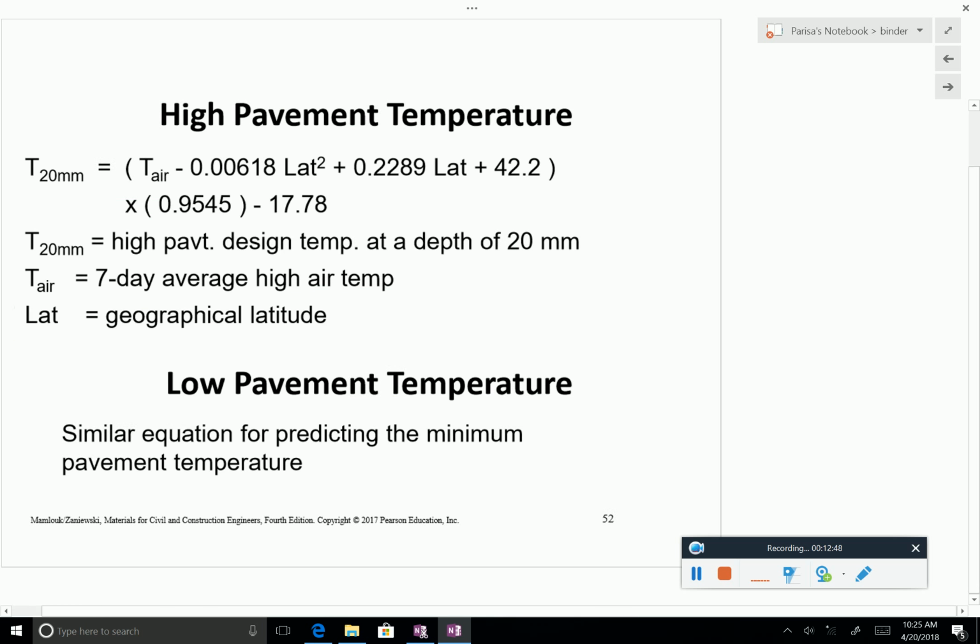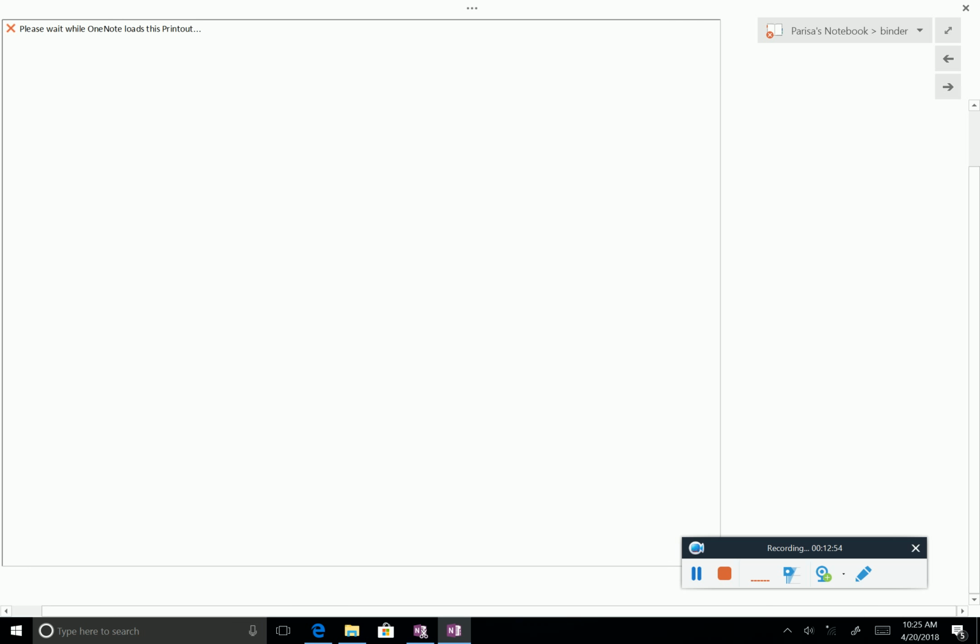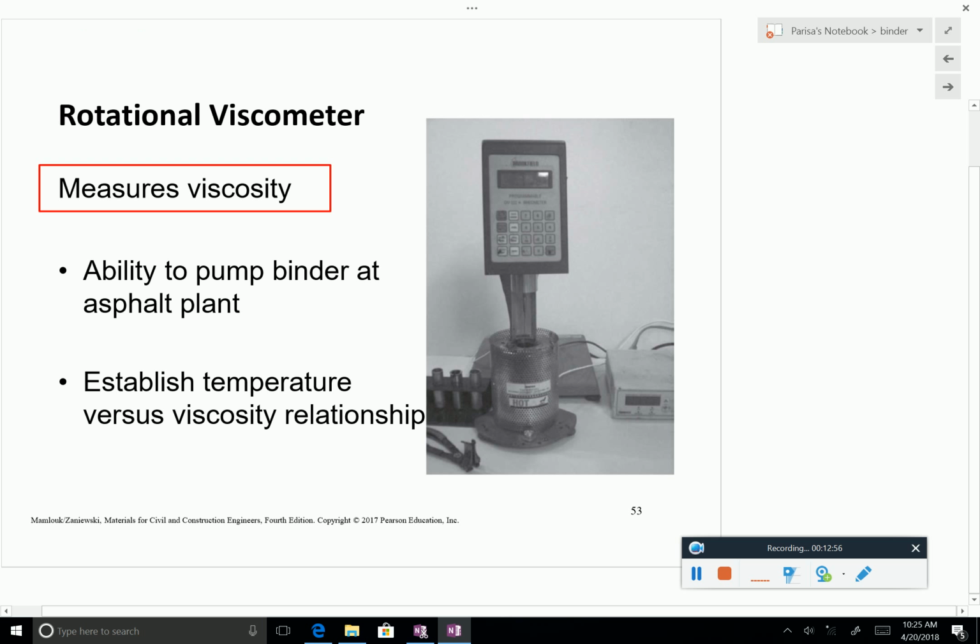So this is how to get the temperature maximum and minimum if you don't know the pavement temperature from the temperature of the air.